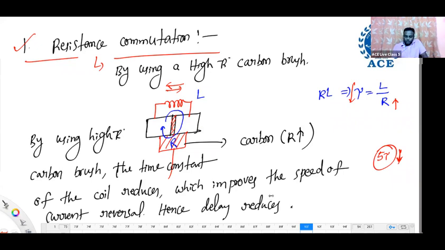The best method is the second one. Interpole commutation is the best method.